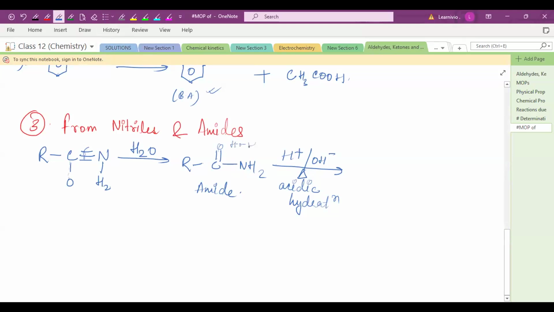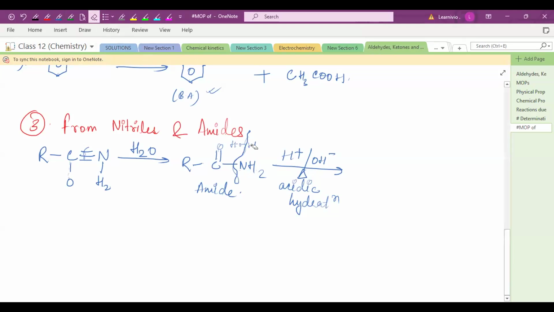You are supposed to give the OH to this carbon, and this bond will break. NH3 will be formed. NH2 will get combined with one hydrogen.